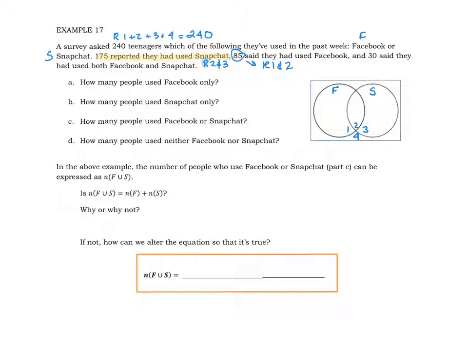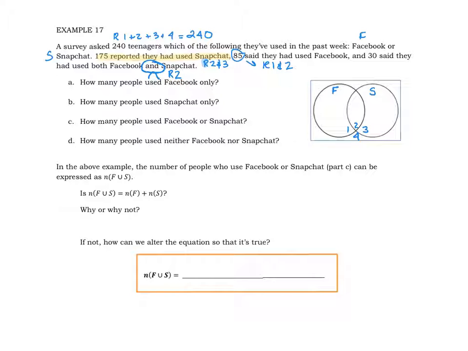30 said they had used both Facebook and Snapchat. The operative word here is "and." Remember that means the intersection, so that's just what they have in common. Who uses both? 30. What region is that? That is region 2.